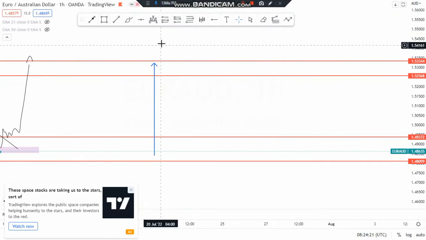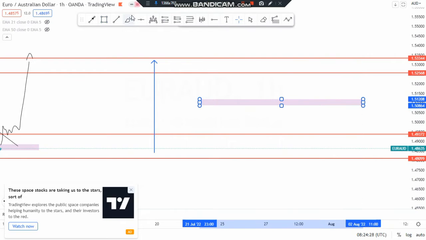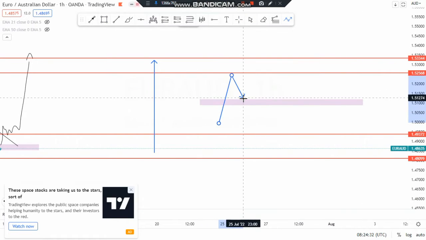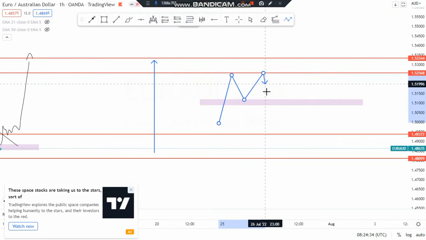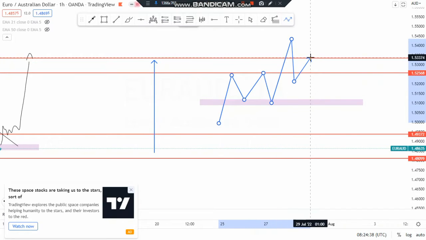Okay, let's say you have something like this. Let's say this is our demand and supply line, and you have a trend coming here, touching, doing this, touching for the second time, maybe going up, doing this.